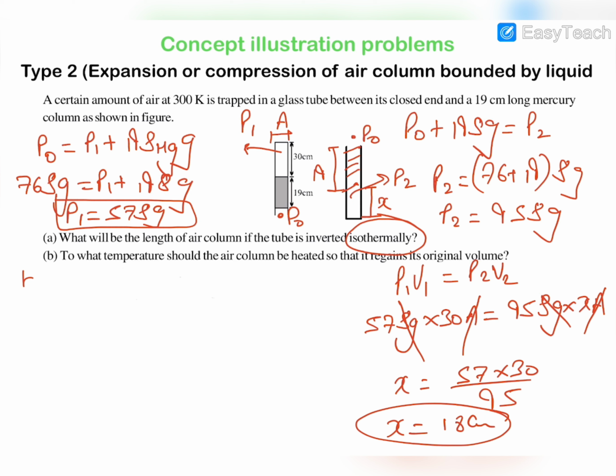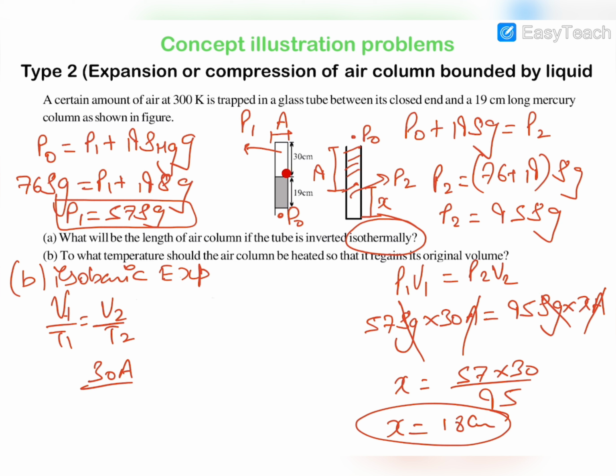In isobaric expansion, we can say that V1 by T1 will be equal to V2 by T2, and the final volume will be 30A, because the gas has attained the original volume again. Now when we inverted this tube, the temperature was 300 Kelvin, and we assumed that this process is isothermal.